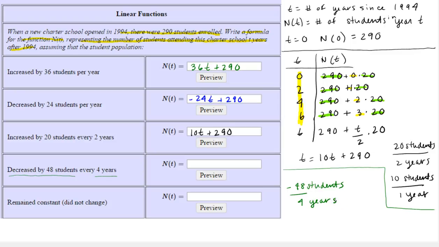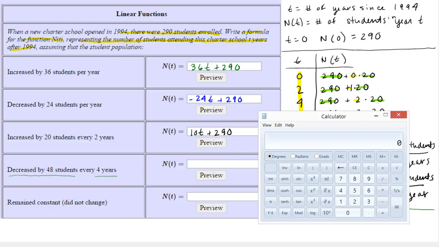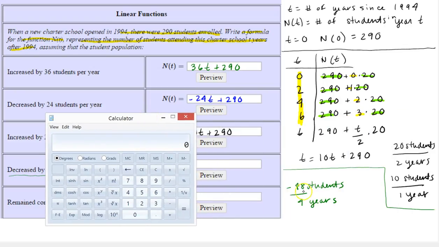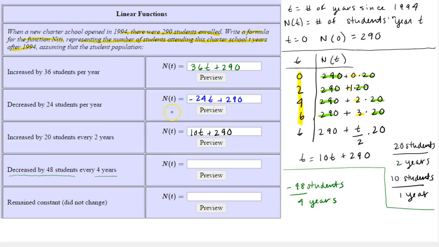So if we want to see how many students we would lose per 1 year, that's like finding a unit rate, and you can probably divide this by hand, but if you want, we'll use the calculator. So I'm just going to divide 48 by 4, which is 12, and notice it's decreasing students, so it's minus 12 students per 1 year, equals negative 12 students per year.